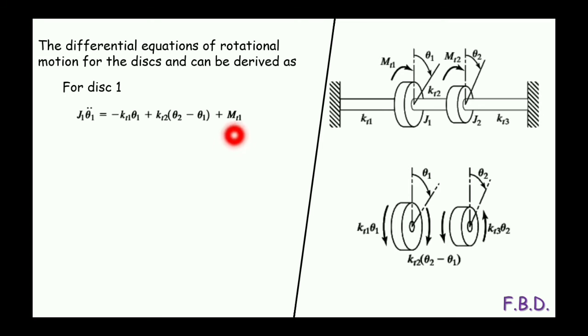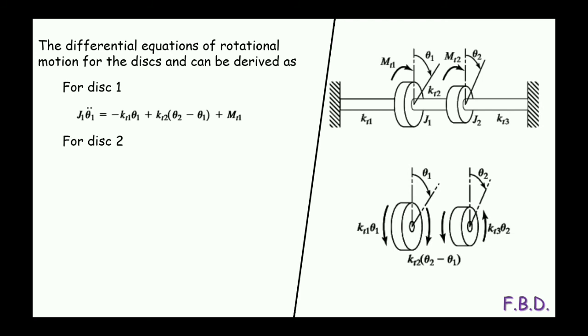This external applied force may be continuous, or it may be given initially and then the system set into vibrations. If MT1 is not continuous, the system is called a system with free vibrations. Only initially the force will be applied and then the system will vibrate at its natural frequency.